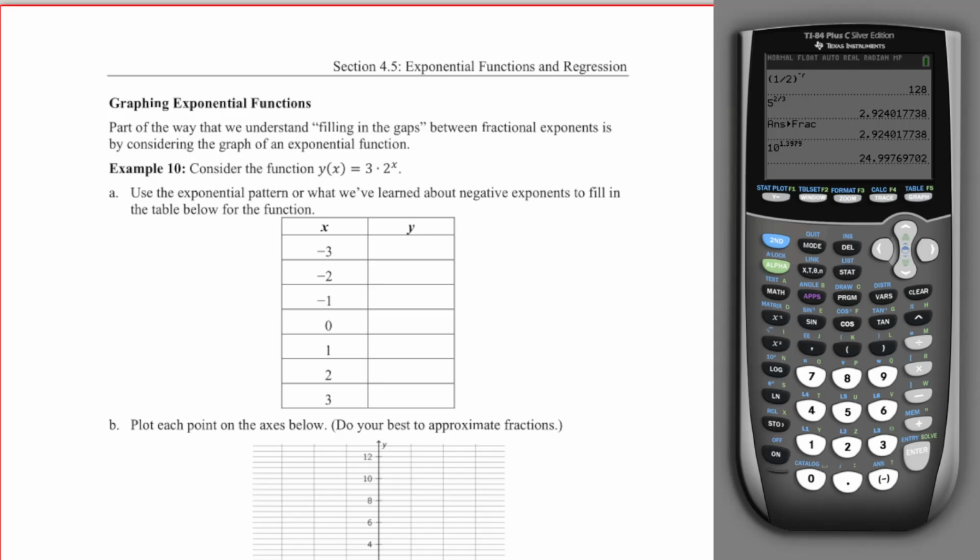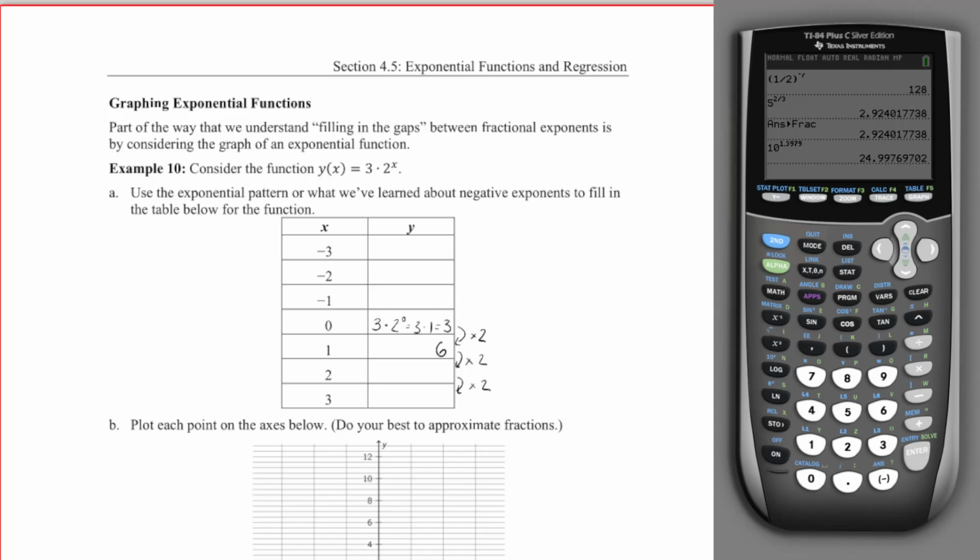I'm going to fill in this 0 row and say 3 times 2 to the 0, that's 3 times 1 equals 3. And then every time I go down a row, I'll multiply by 2, right? Because I have 2 to the x. So every time I go down a row, my power of 2 is going up by 1.